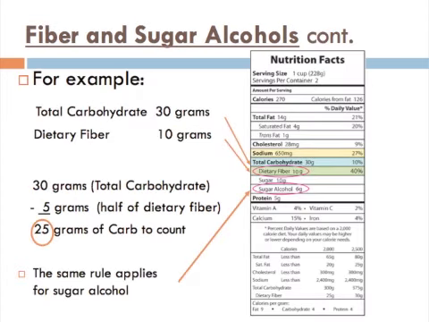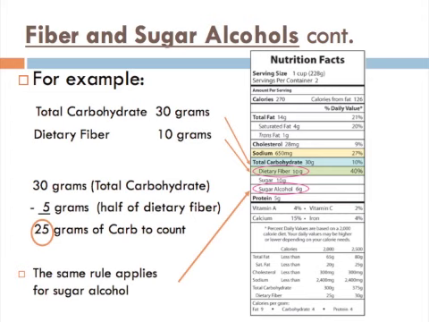So, for example, when you're reading food labels to determine the amount of carbohydrate, you want to look at your serving size first. So in this particular example, the serving size is 1 cup. And then you want to focus first on your total carbohydrate grams. And I teach people that it's not necessary to look at the sugar because that's already calculated into your total carbohydrate. Notice in this example that there's 10 grams of dietary fiber in this product.